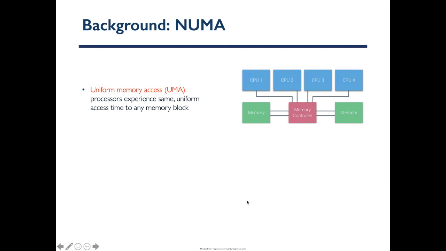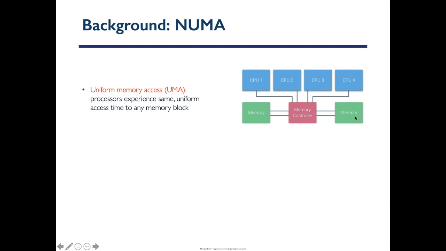So this is one microarchitecture that you could have. You could organize all your cores to access the memory uniformly. Let's say CPU 1 wants to access a block of data. Now that block is either in memory 1, in this memory block, or it might be in this memory block.